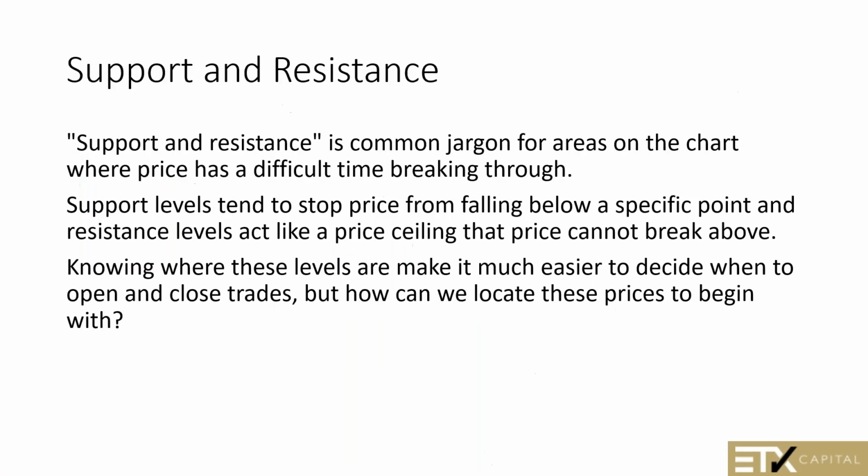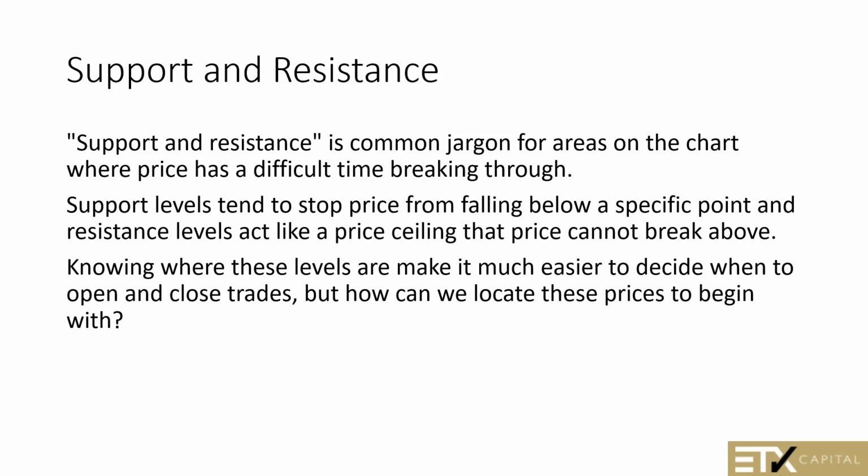Because support and resistance lines are not just based on where price is. It's based on where price is today, but the zones and the lines come from historic action. So support and resistance is common jargon for areas on a chart where price had a difficult time breaking through.